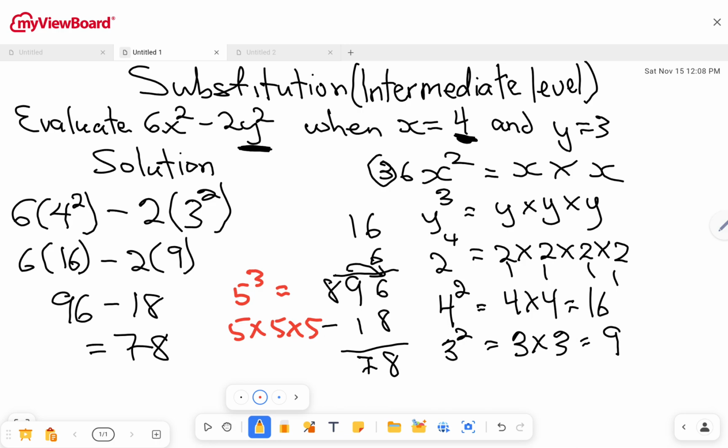Please, some students, when they see 5 exponent 3, they think it is equal to 5 times 3. Please, it is never equal to that. 5 exponent 3 is equal to 5 times 5 times 5, not 5 times 3. So please, take this and it's going to help you.